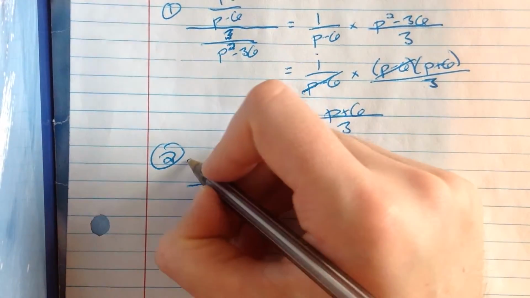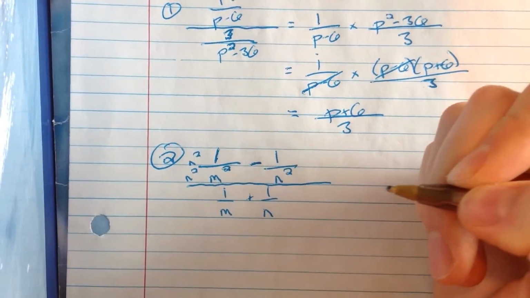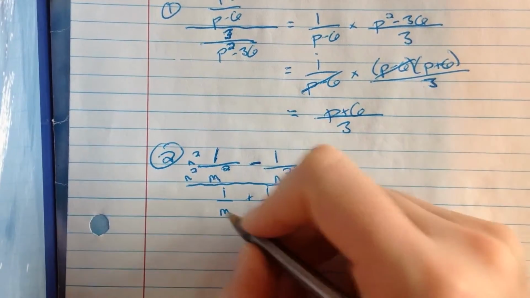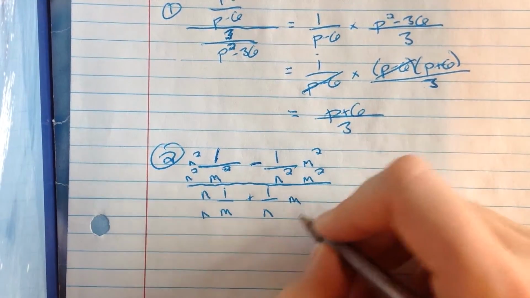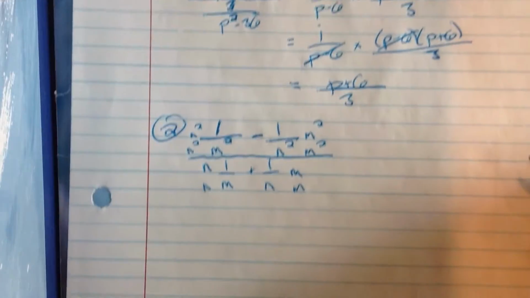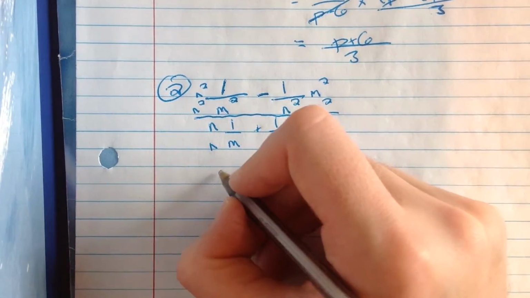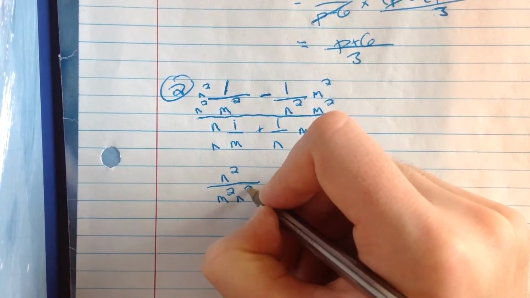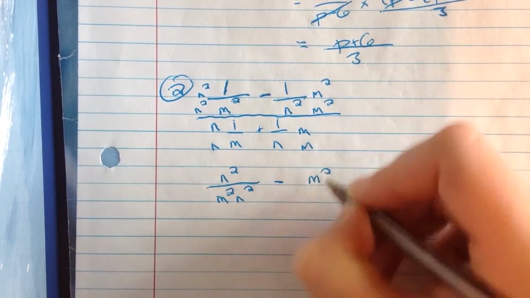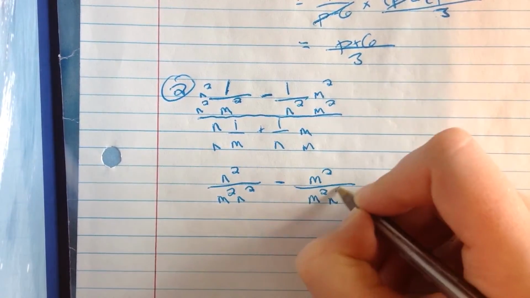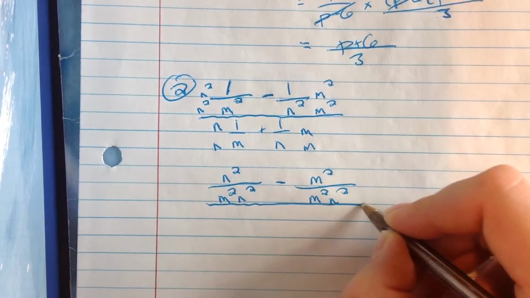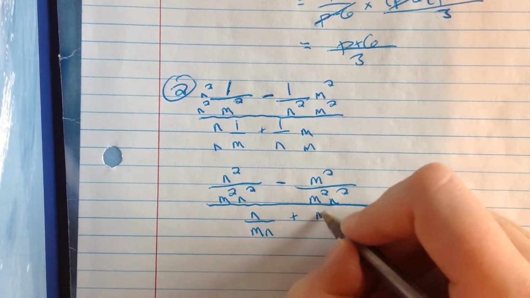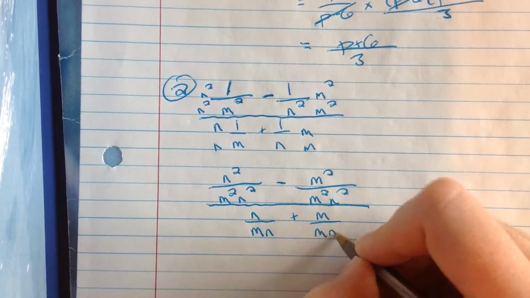So, multiplying this one by n squared, this one by m squared, this one by n, and this one by m. So I get n squared over m squared n squared minus m squared over m squared n squared, all over n over mn plus m over mn.